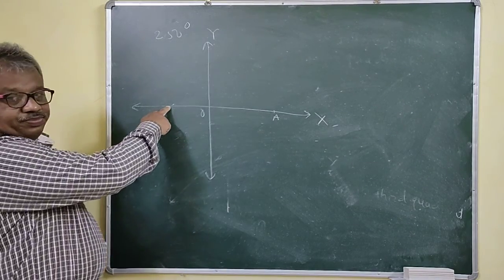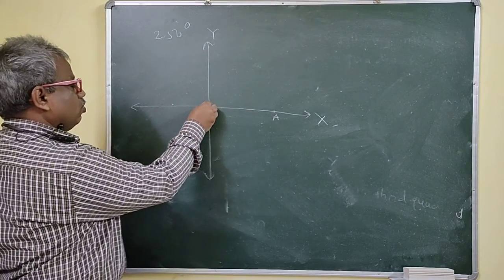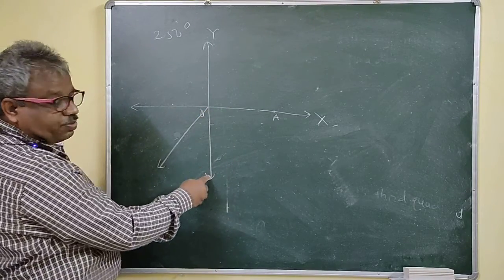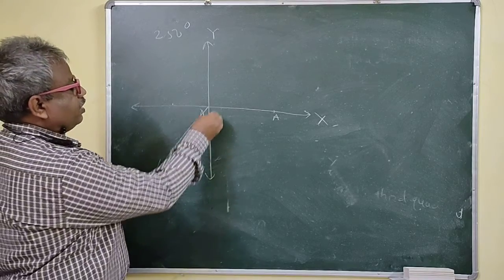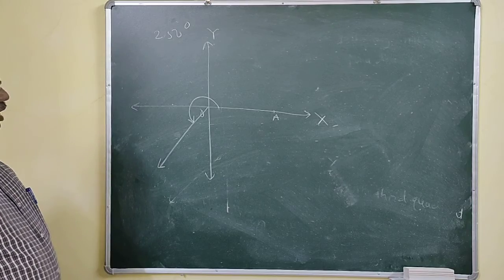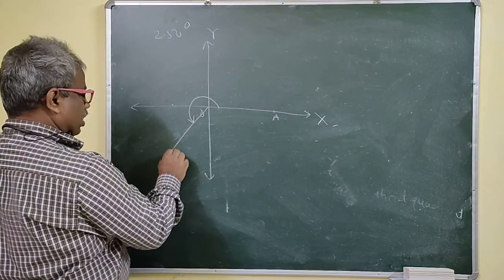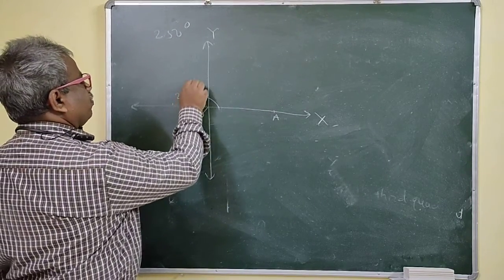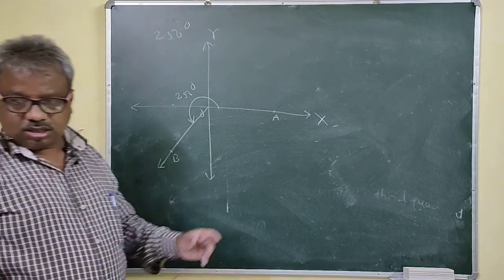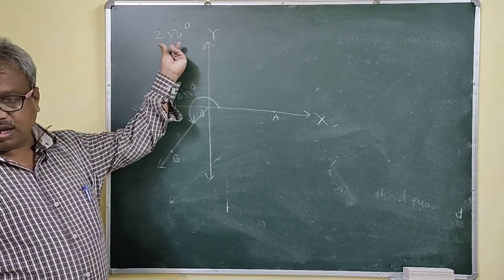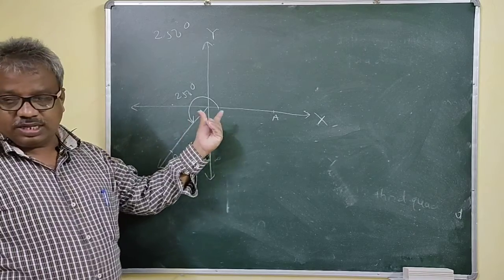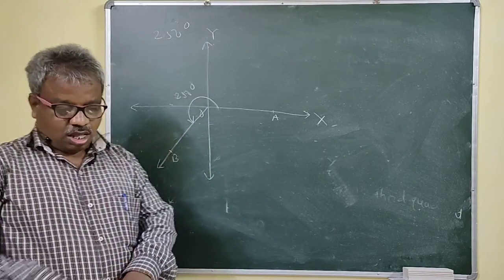This is 180 degree, so your angle may be here, because this is 270 degree, 20 degree left here. Rotation is anti-clockwise. We'll write B here. So 250 degree. The terminal arm of angle 250 degree lies in third quadrant. Therefore 250 degree lies in third quadrant.